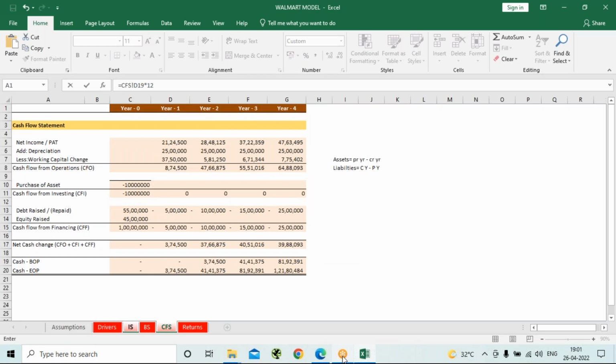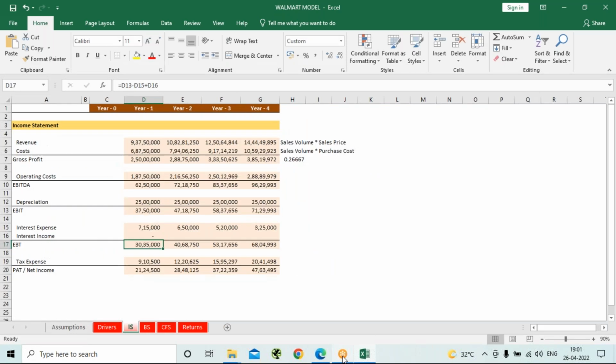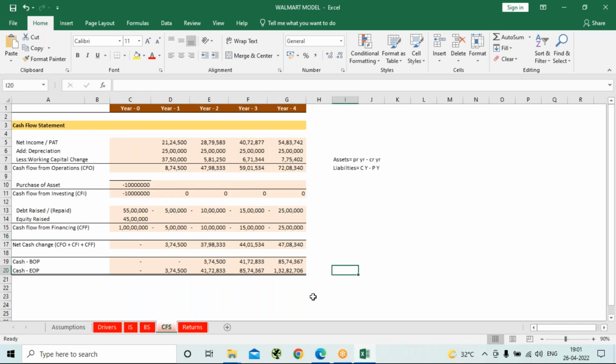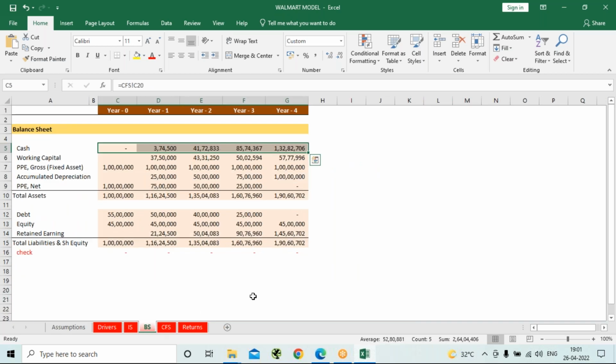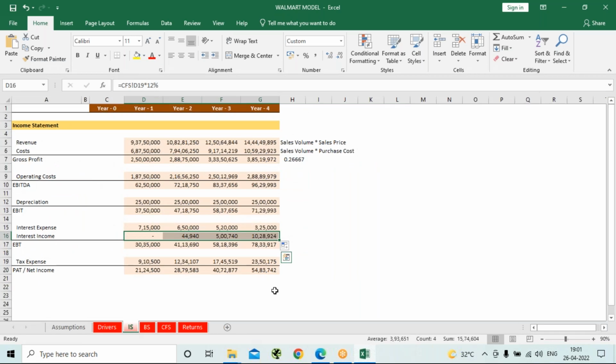On this, 12% is expected income. So let's see whether it will have any impact. Yes. Let me check it out with all the values.